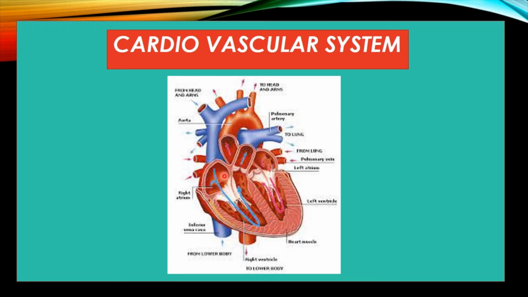Due to the pressure, the blood from the right as well as the left auricle pumps towards the ventricle. When the ventricle receives the blood, it starts contraction, and when it contracts, the blood pumps towards the main blood vessels, that is the pulmonary artery as well as the main aorta. This you can see in detail later, and this heart is very complicated, but if you listen very carefully, it is very easy to explain.